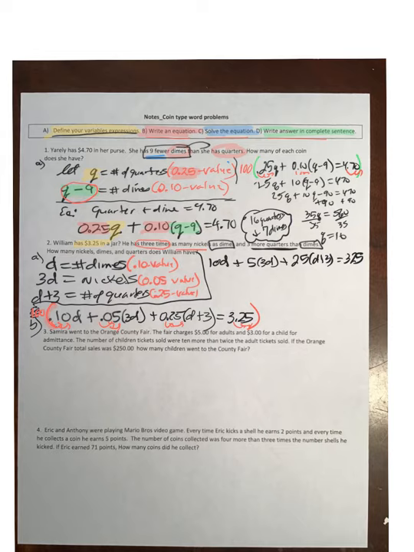So let's distribute and multiply. We got 10D, and then 5 times 3D is 15D, and then we got to distribute, so that's 25D plus 75, right? 3 times 25 would be like 3 quarters, and 3 quarters is 75, and then equals 325. So how about we subtract 75 from both sides?